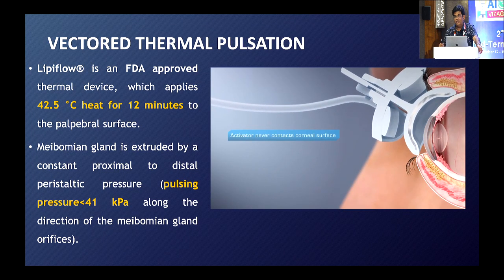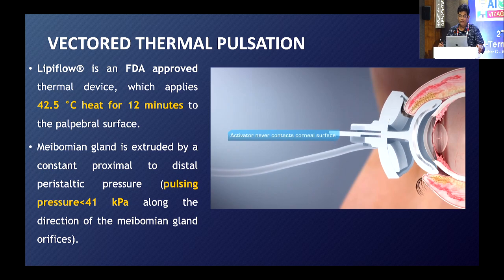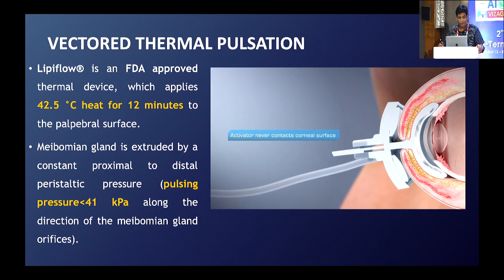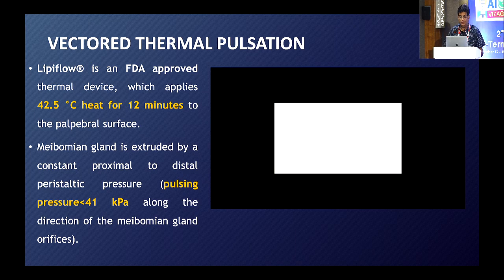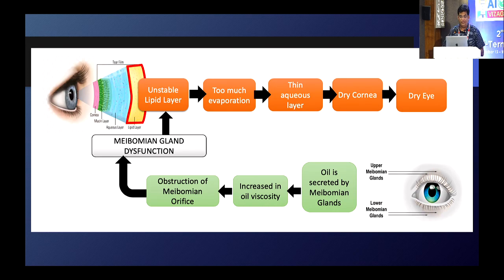Patients who are suitable are then subjected to vectored thermal pulsation, which is the topic of my talk today. This is an FDA approved thermal device which heats up to 42.5 degrees centigrade for a 12-minute cycle at the palpebral surface of the conjunctiva. The meibomian glands are extruded by a constant proximal to distal pressure, a kind of milking motion, so that the glands are emptied.